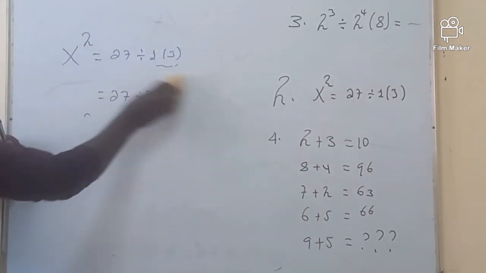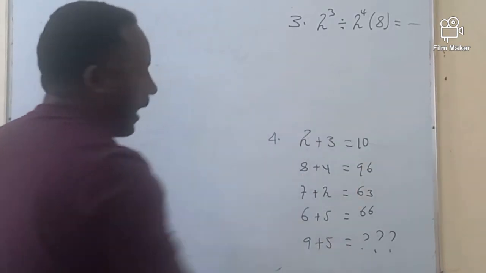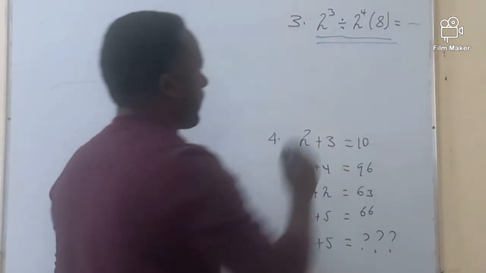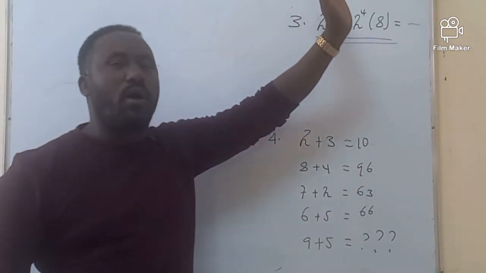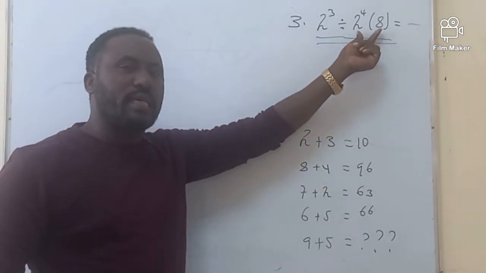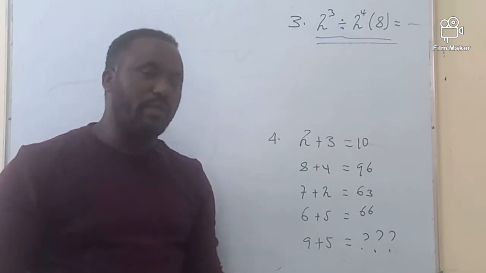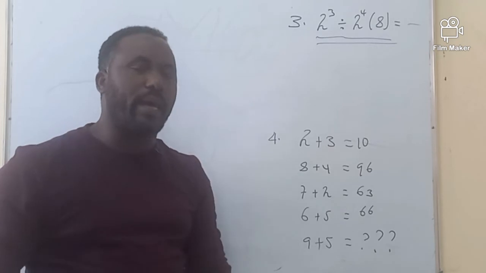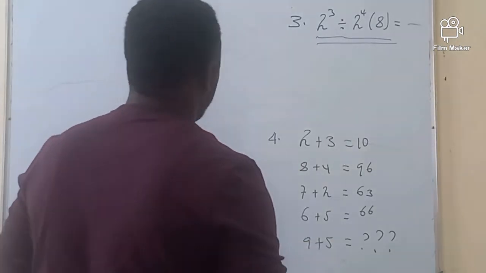So let's see how we are going to solve the third problem. Similarly, how are we going to solve this one? I think you can use PEMDAS. PEMDAS means if there is a parenthesis, first we have to do the parenthesis, then we use the exponent, then multiplication, division, and so on.